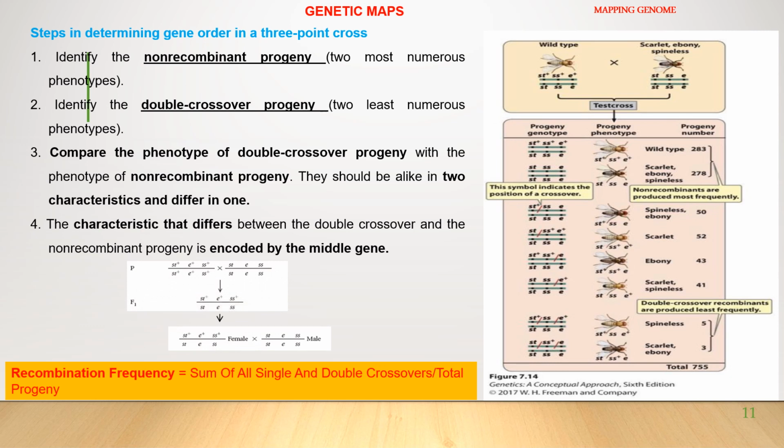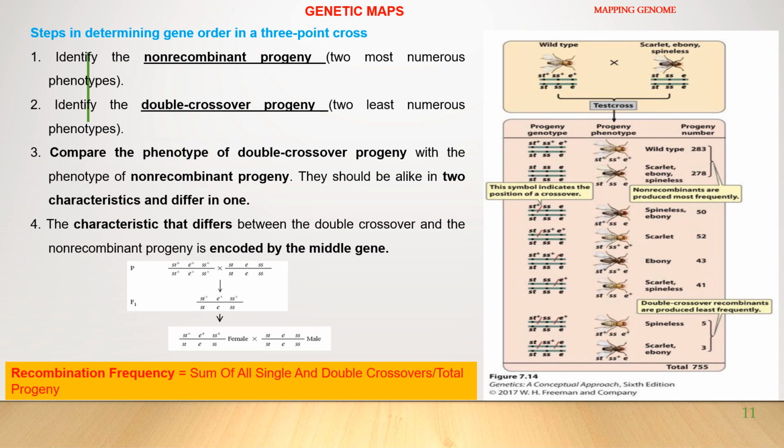Steps to determine gene order in a three-point cross. I will explain it with an example on the extreme right. Here, a test cross is made between wild-type Drosophila and a mutant with scarlet eye color, ebony body color, and spineless. The gene order is not known.